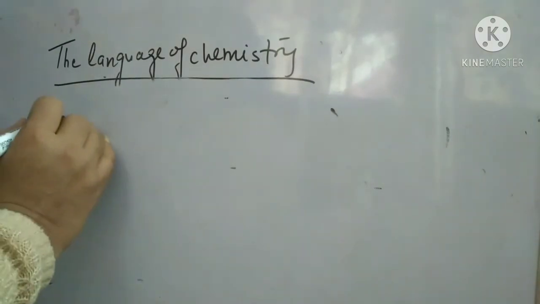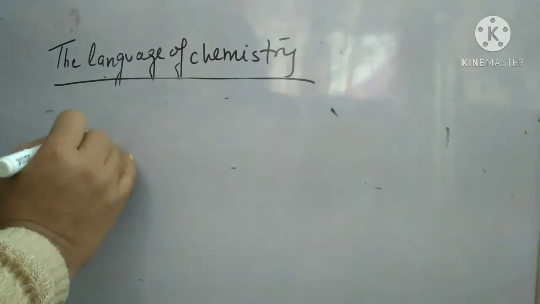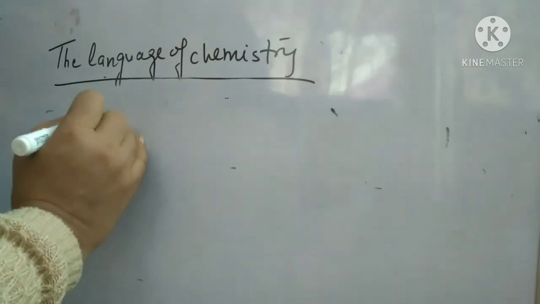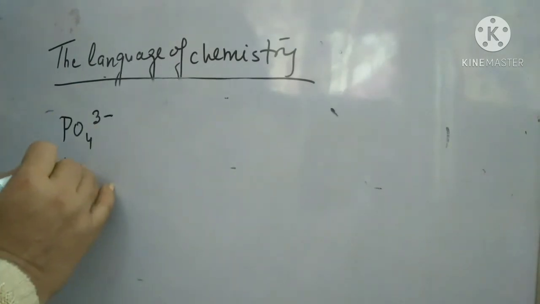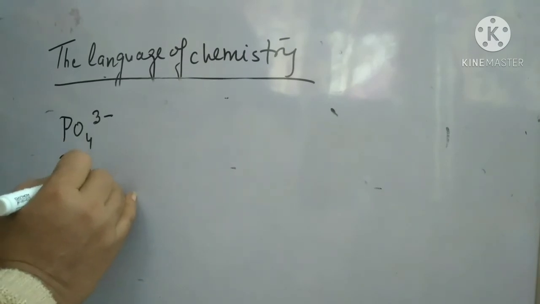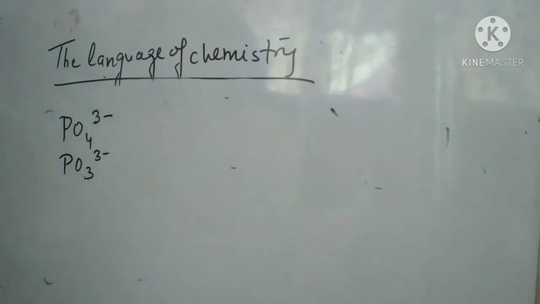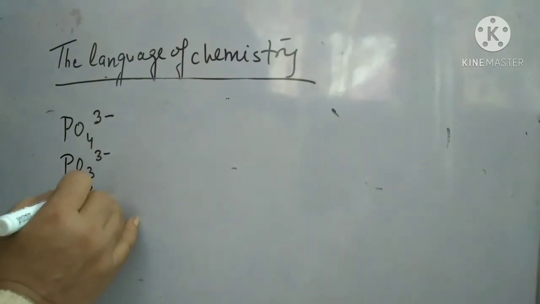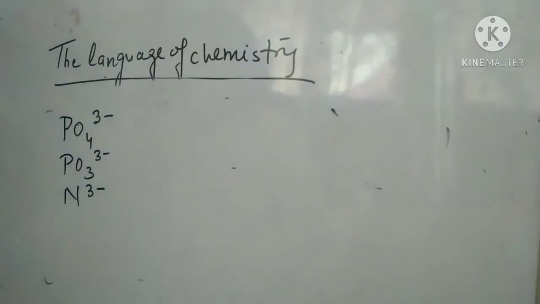For example, phosphate PO4 3 minus, phosphite PO3 3 minus, nitrite N3 minus. So these elements are possessing 3 valency, so they are known as trivalent elements.